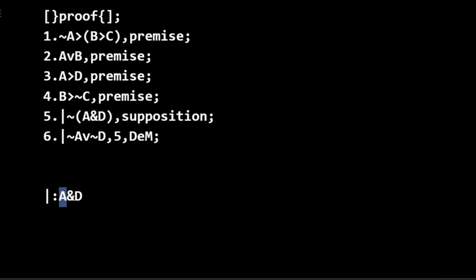So maybe we should do another supposition here. And it seems like lines 5 and 6 are driving us towards not A. So let's negate that.